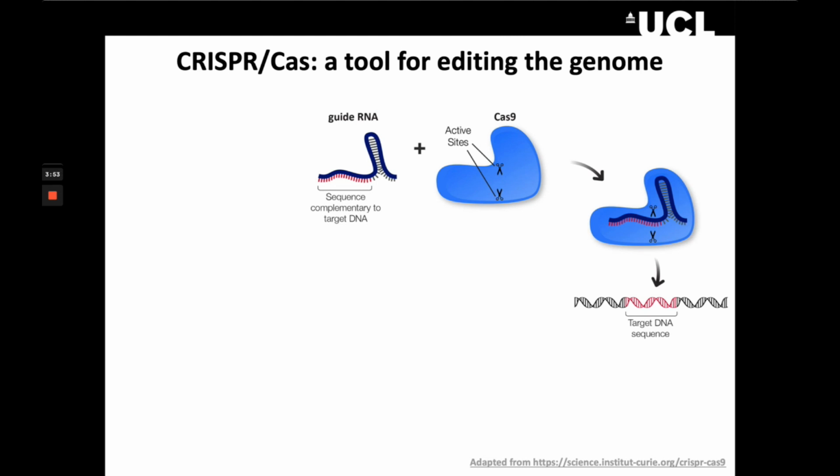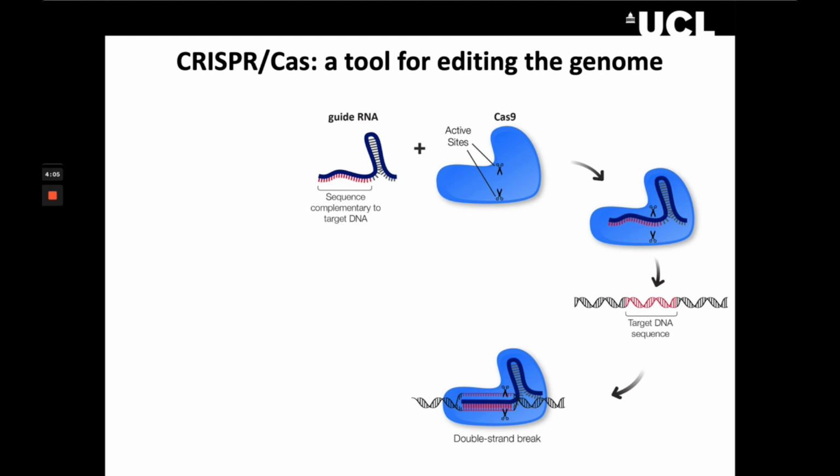Now, together, these two components form the CRISPR-Cas complex, and when the CRISPR guide RNA finds its target, i.e. a section of DNA that matches the guide RNA, it locks onto that specific section and slices both strands of DNA. This cut can then be exploited in order to edit what was originally there and therefore correct a mutation.